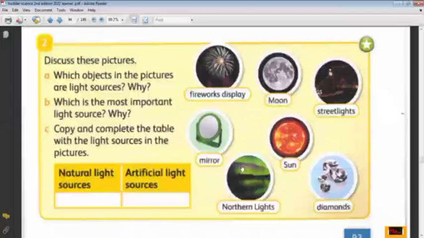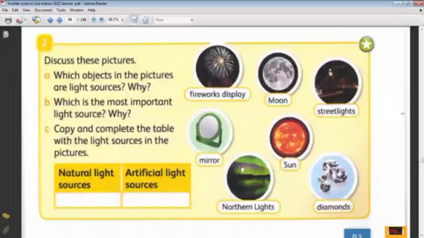Yes, it's the source of energy. Without the sun, there is no life on Earth. The sun gives the light energy to the plant to make photosynthesis. And then all the consumers depend on the plant as a source of food. So if there is no sun, there is no life on Earth. So the sun is the most important light source. Most important thing in the world. Yes, very good.